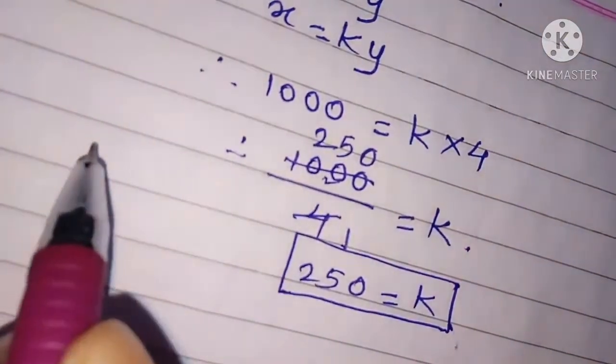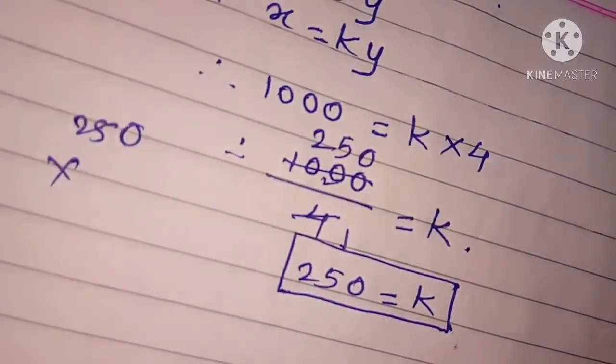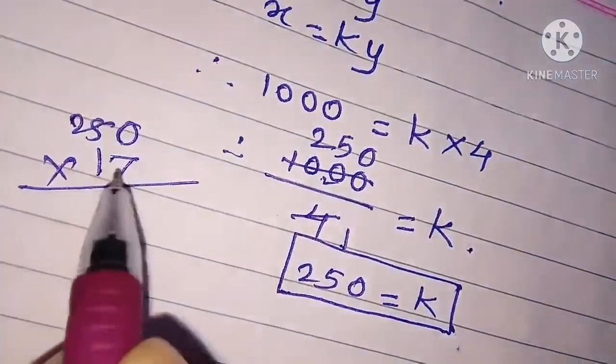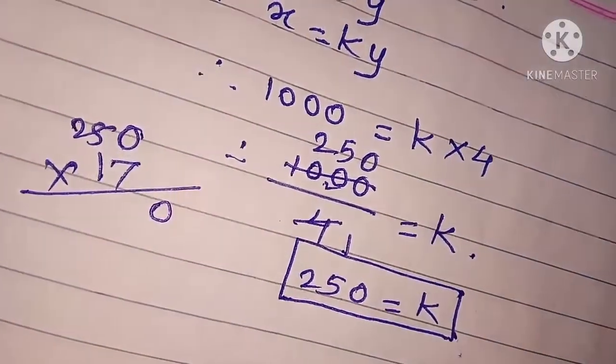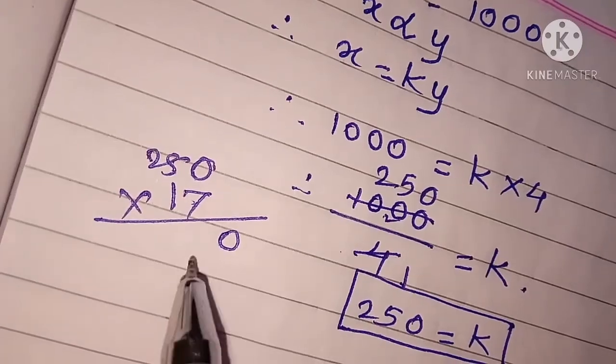We are going to multiply here, that is 250 into 17. See multiplication, here 0, then 17 5s are 85.